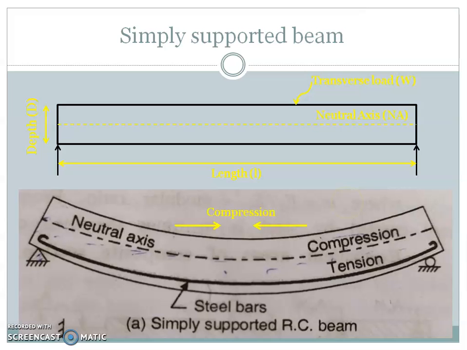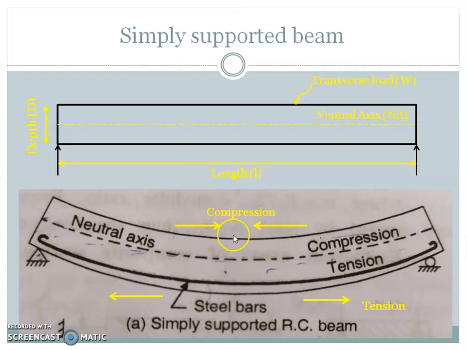Now, in this beam, in this position, the beam will experience compression. All the parts will come close to each other and it will experience compression. Similarly, at the same time, this part experiences tension as the molecules go apart or away from each other.